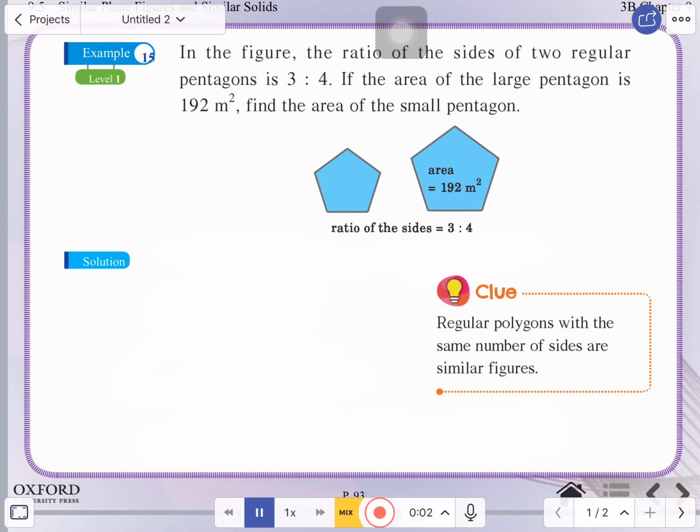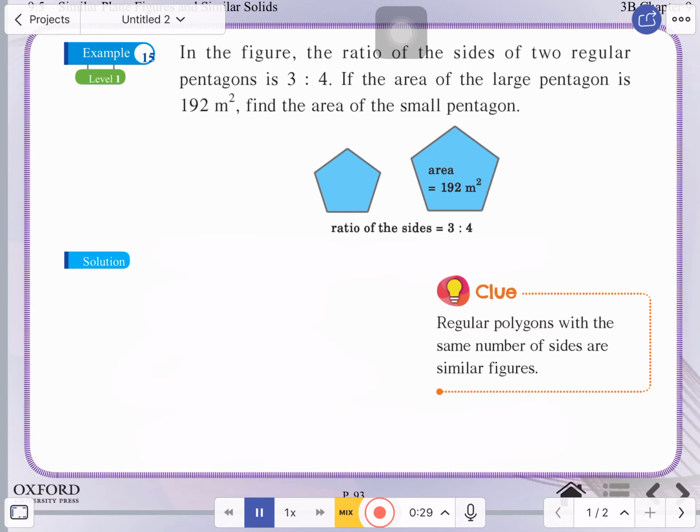Here comes example 15. In this question, we want to know the relationship between two regular pentagons. A pentagon is a 5-sided polygon, and it is regular. It means the length of the sides and the angles within each pentagon are the same.